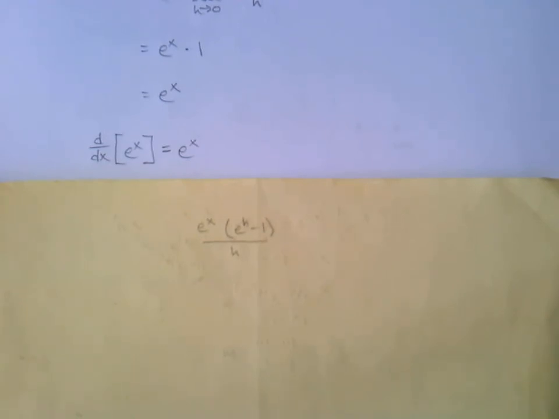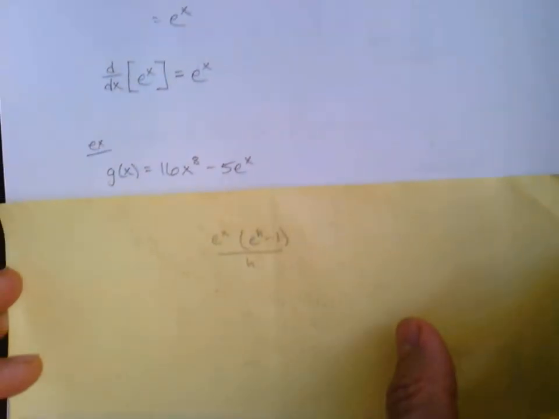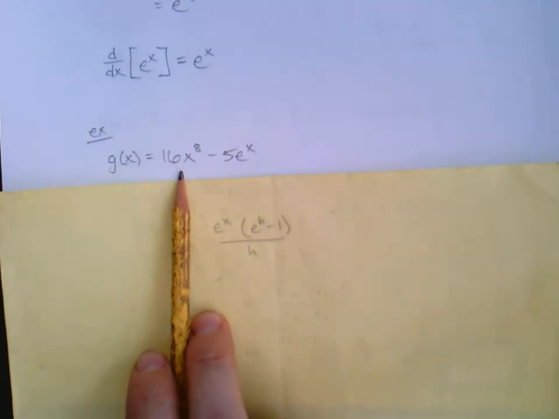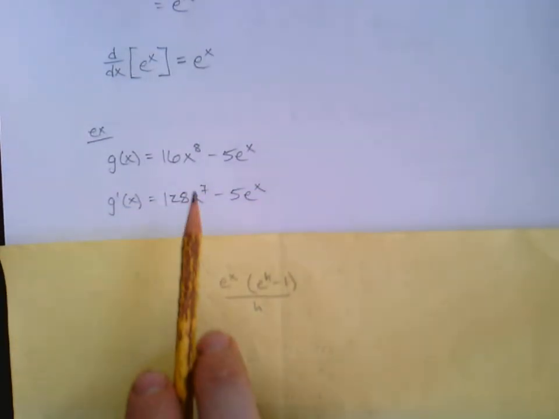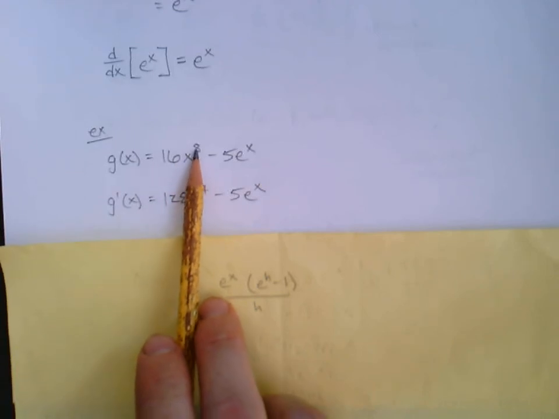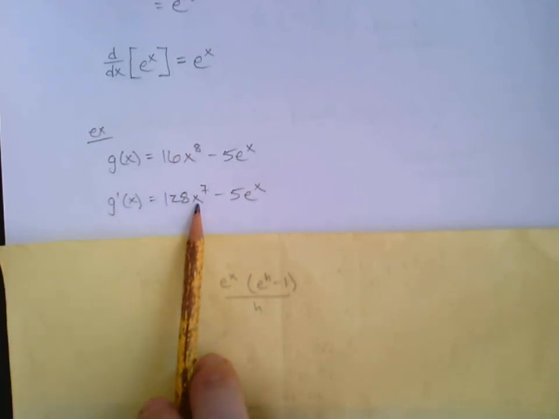We're going to finish with one quick example, taking a derivative. Let's say g of x equals 16 x to the 8th minus 5 e to the x. What's the derivative? Implementing our new formula, well, this part, the power of x, we're going to multiply the 8 down. 16 times 8 is 128, and it's x to the 7th.